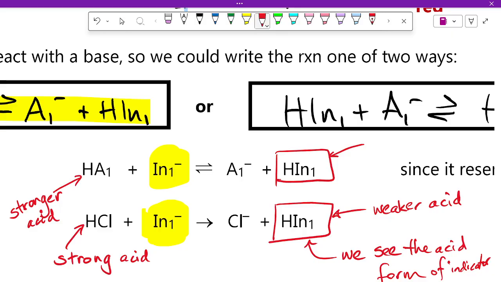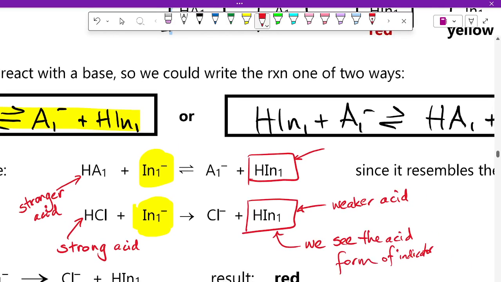So when the acid you mix it with is stronger than the indicator, you will see the acid form of the indicator.